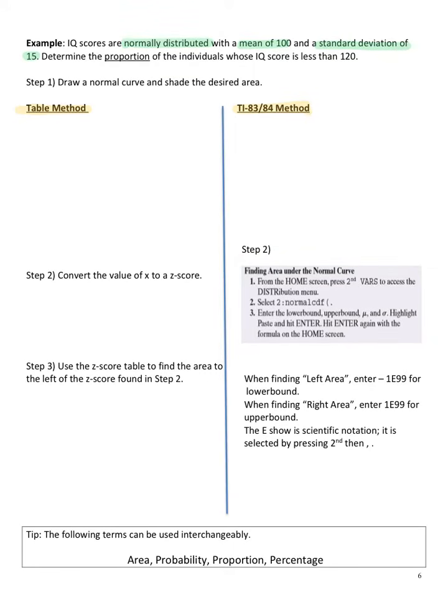Determine the proportion of individuals whose IQ score is less than 120. So the key word here is proportion. They want you to find the proportion of individuals whose IQ score is less than 120.